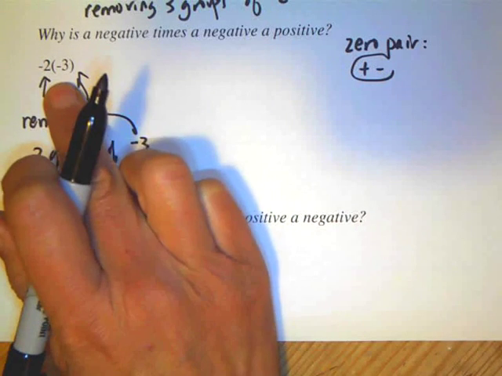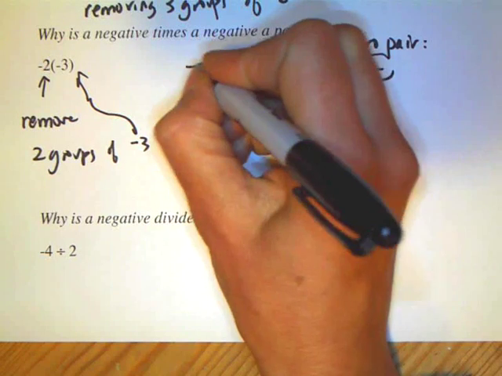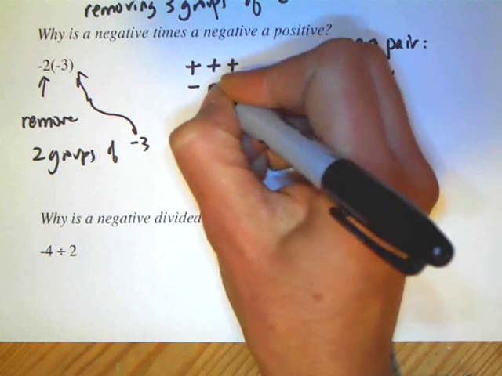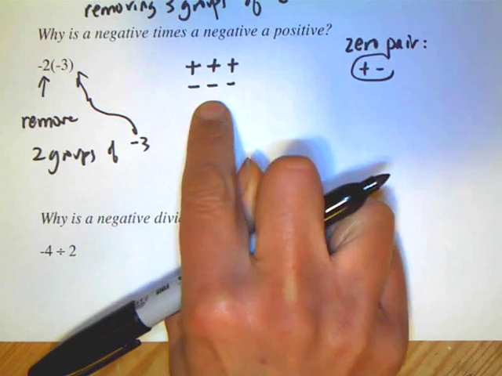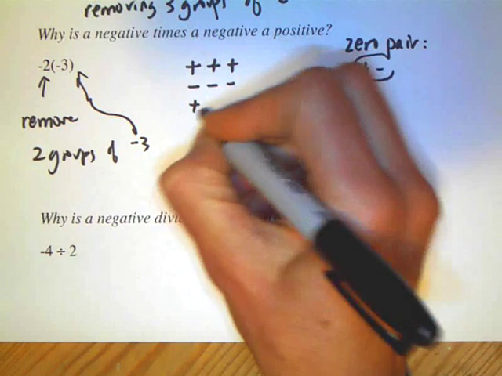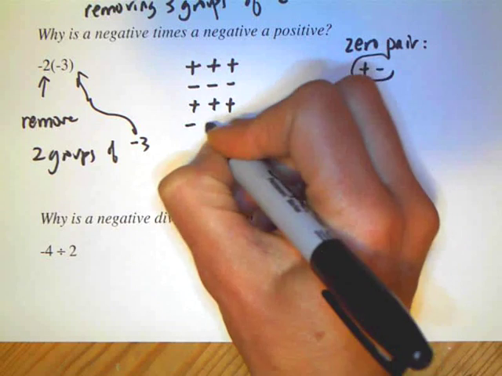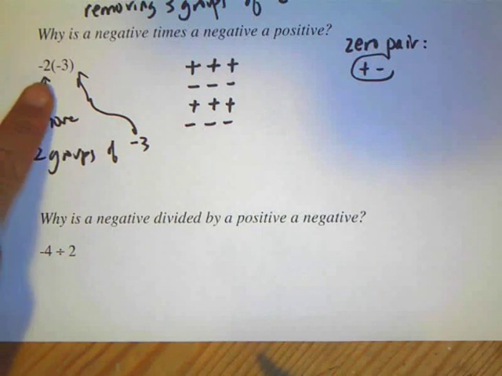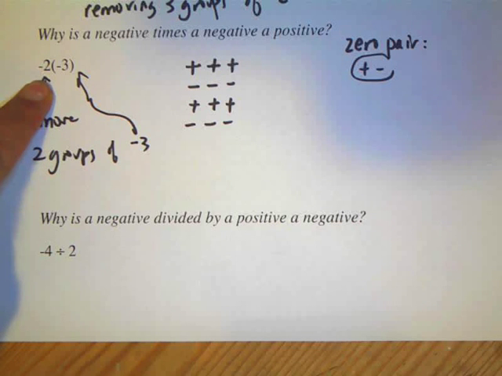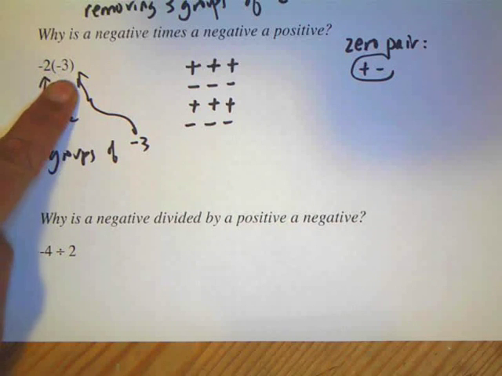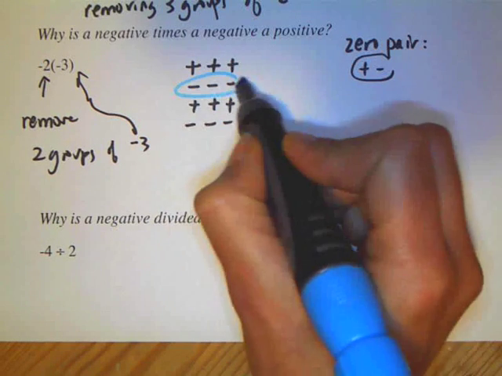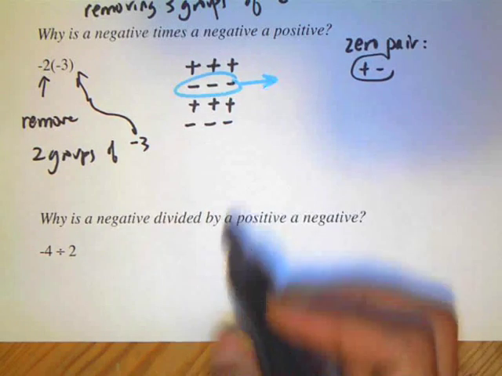I know that 2 times 3 is 6, so I'm going to add 6 0 pairs. There's a 0 pair, a 0 pair, a 0 pair, 3 0 pairs, 4, 5, 6 0 pairs. Now I'm going to take away two groups, and each group is -3. Here's a group of -3, and I'm going to remove that.